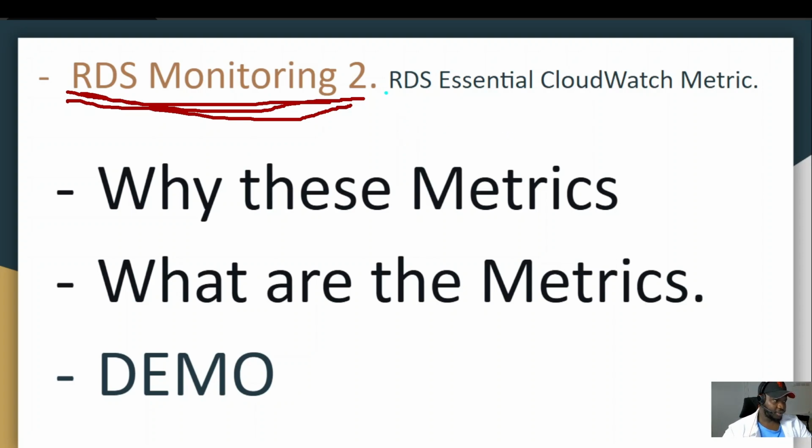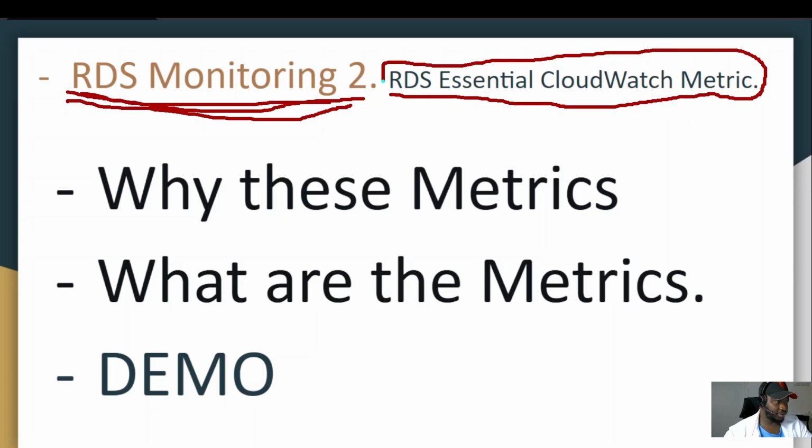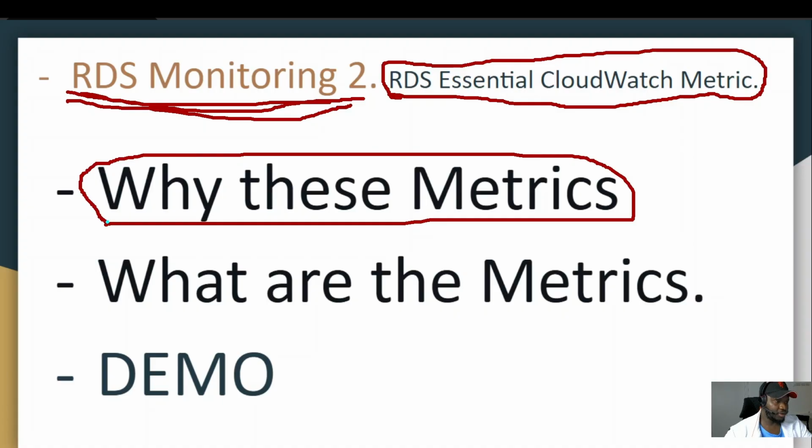Today we'll be looking at essential CloudWatch metrics, metrics that all database administrators must take note of. Why are these metrics important? I call them health related metrics. Meaning an issue in these metrics can actually bring your instance down. So health related metrics are very essential for you to keep an eye on.